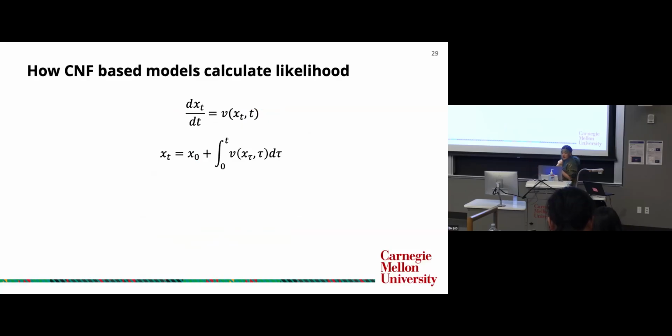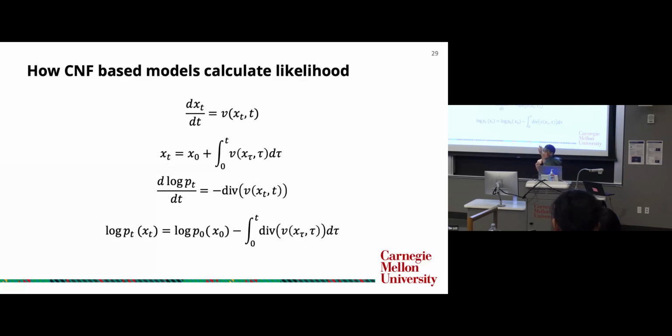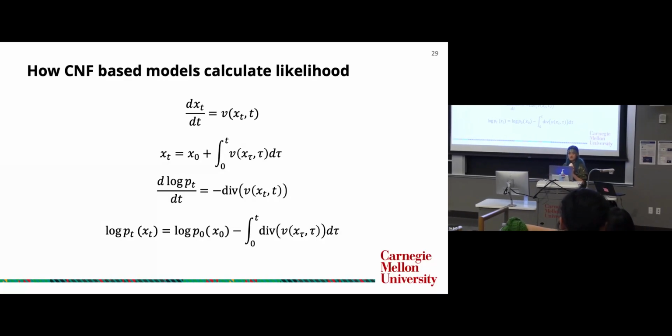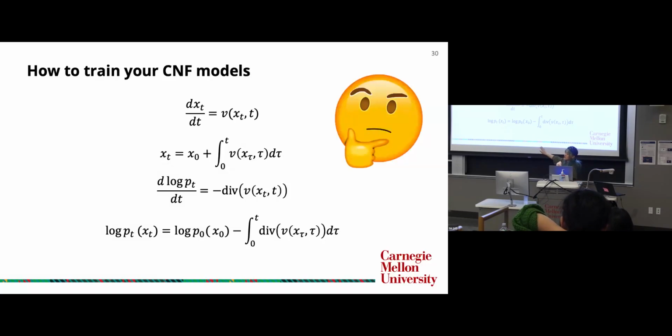Okay, cool. So basically, then you can calculate your likelihood, right? Because now you have another ODE that you can directly solve by doing numerical integration. So exactly, how do you train your continuous normalizing flow from here?